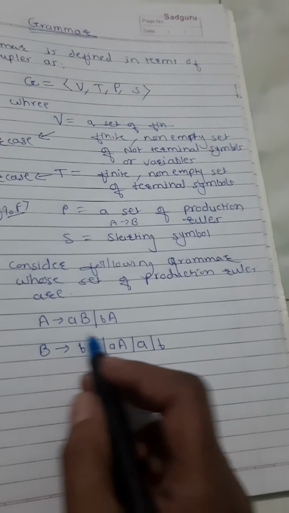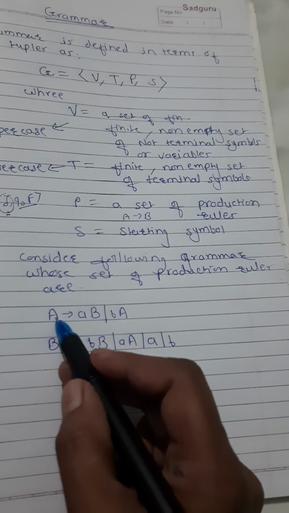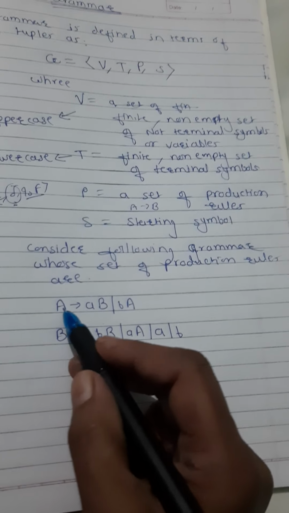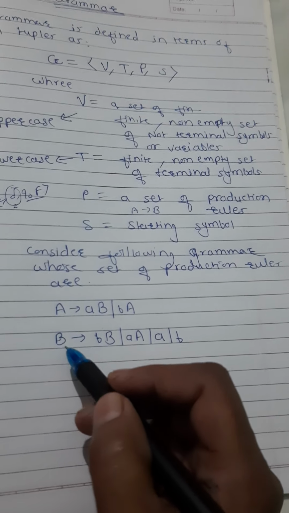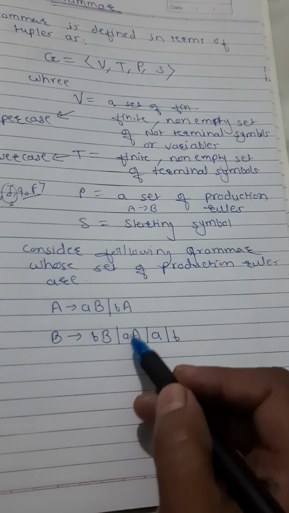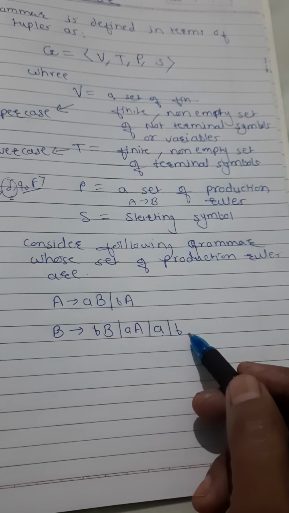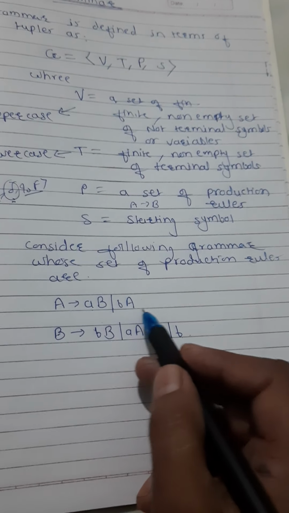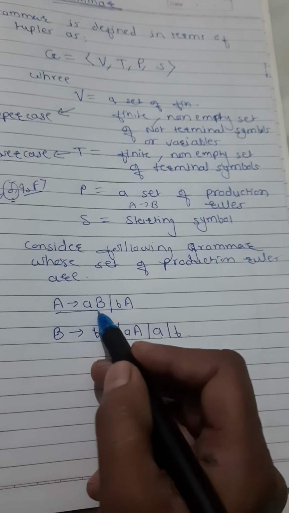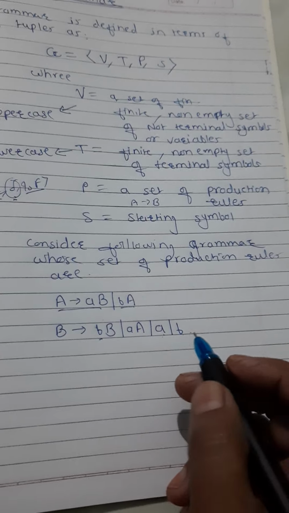Now here if we see this set of production rules, just count the total number of uppercase letters A and B. So these are the non-terminal symbols. Lowercase letters in this set are a and b. So these are the terminal symbols. And all these are nothing but the production rules. There are a total of 1, 2, 3, 4, 5, 6 production rules.